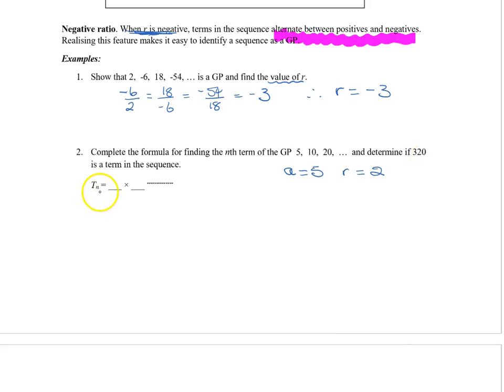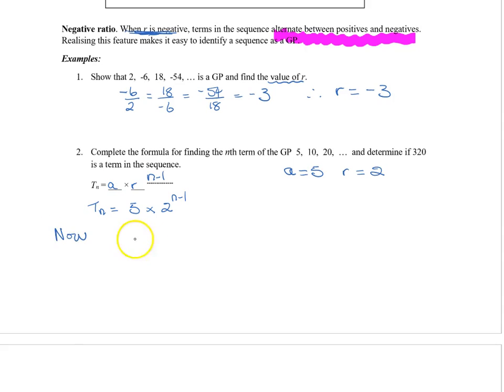So, by definition, the nth term is A times R to the n minus 1. So, in our example, we'll have A is 5 times R is 2 to the n minus 1.